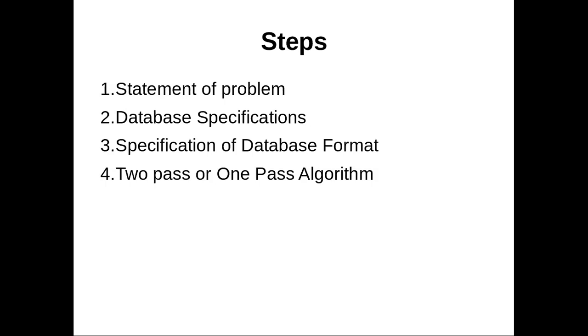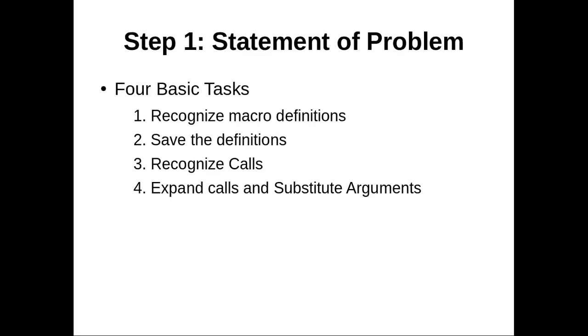And the fourth step is the algorithm for implementation. In this particular chapter, we have to study 2 algorithms. The first algorithm will be using 2 passes for the implementation, whereas the other algorithm takes only 1 pass. We have to study both the algorithms. Now we'll see in detail about each step.